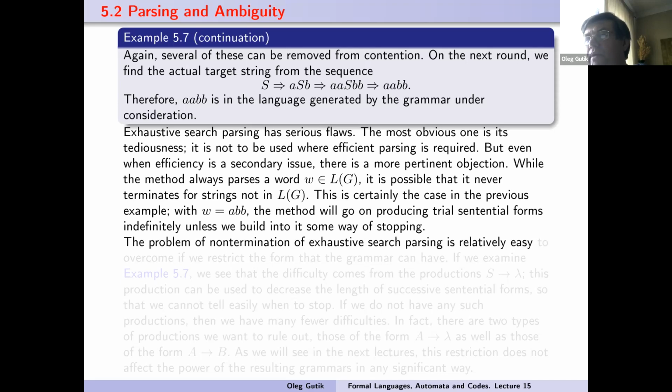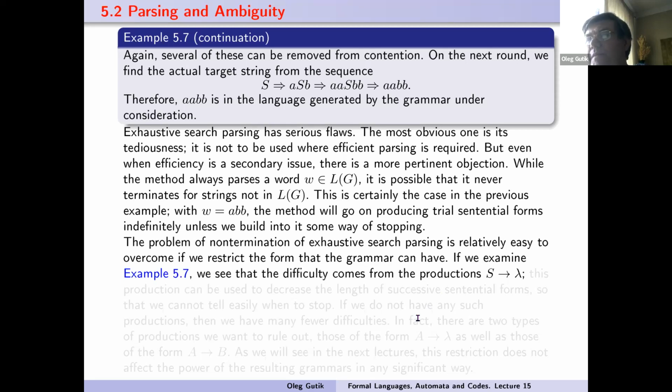The problem of non-termination of exhaustive search parsing is relatively easy to overcome if we restrict the form that the grammar can have. If we examine example 5.7, we see that the difficulty comes from the production S into the empty word lambda.